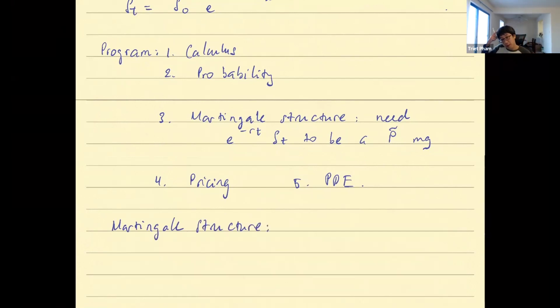And by the way, I guess that Professor Larson puts a lot of attention to the martingale education for you guys. I hope, if I guess correctly. And I'm not sure if you understand or appreciate why so much emphasis on martingale. The reason is the martingale structure is the structure underlying the language of pricing that we do.